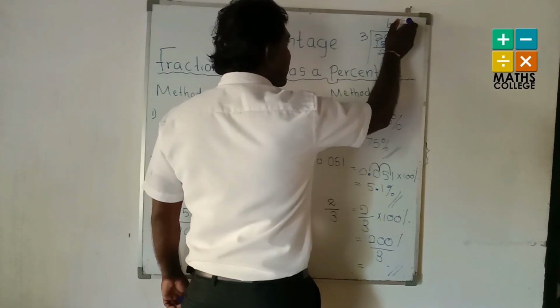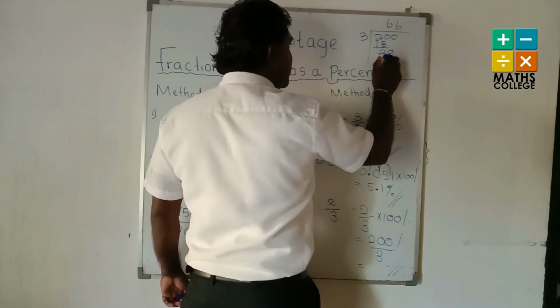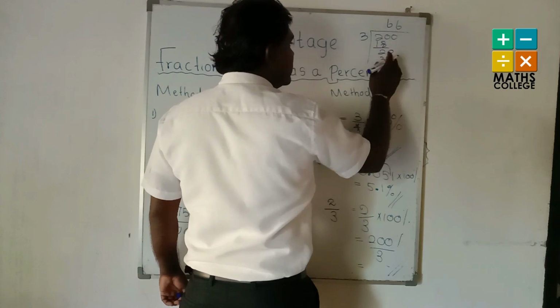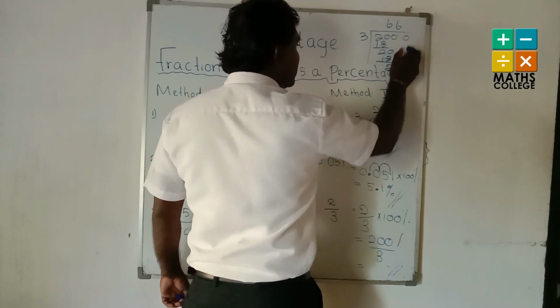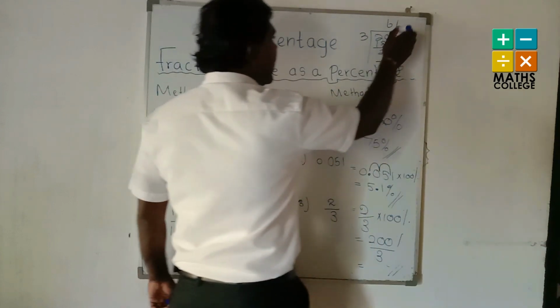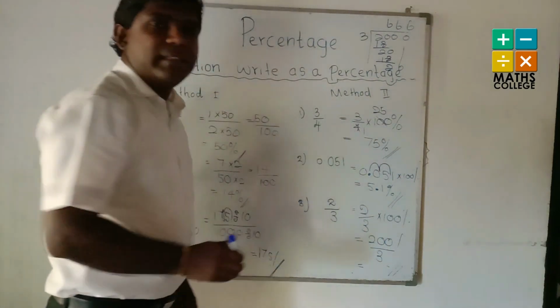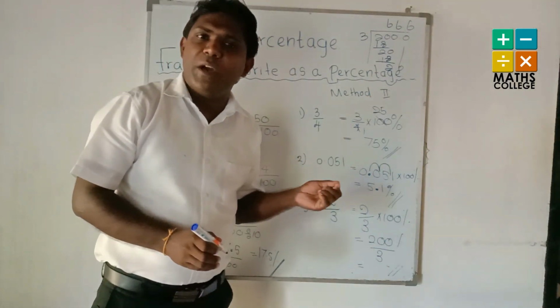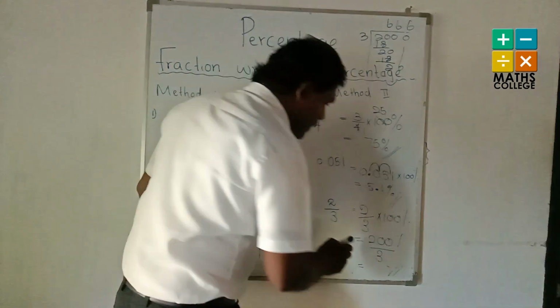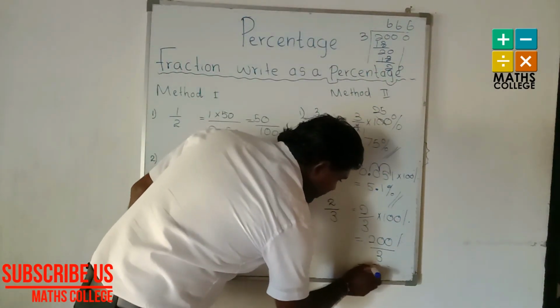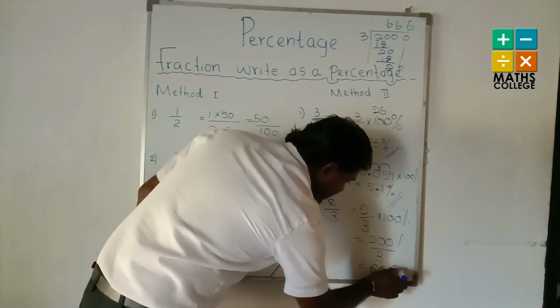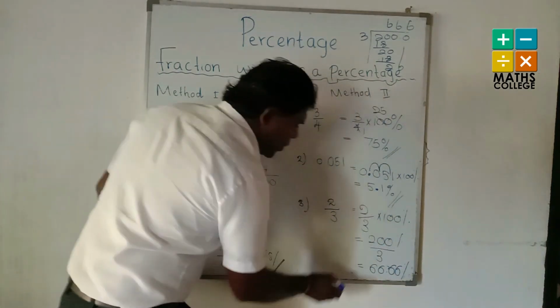Again 20. 20 also 18. Again 2 remain. Here no any one, take 0 to 20 again 6. Like this 66.66, or you can write like this 66.66 percentage.